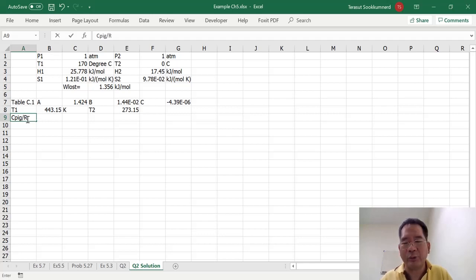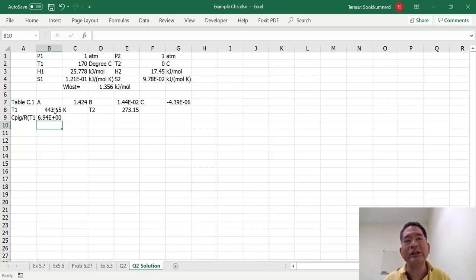If I calculate CPIG over R at T1, I will be able to calculate it from this value of A plus this value of B multiplied by T1 and then plus this value of C multiplied by T1 squared.